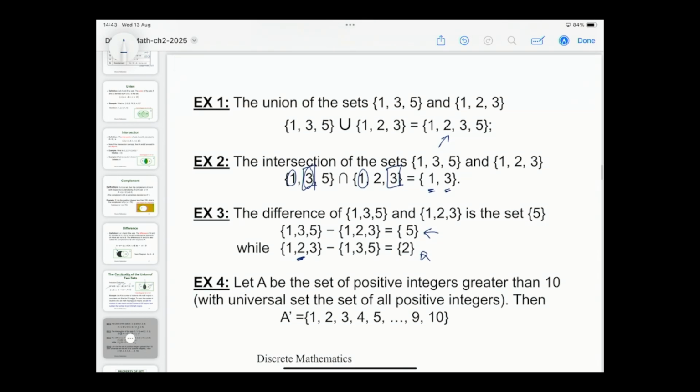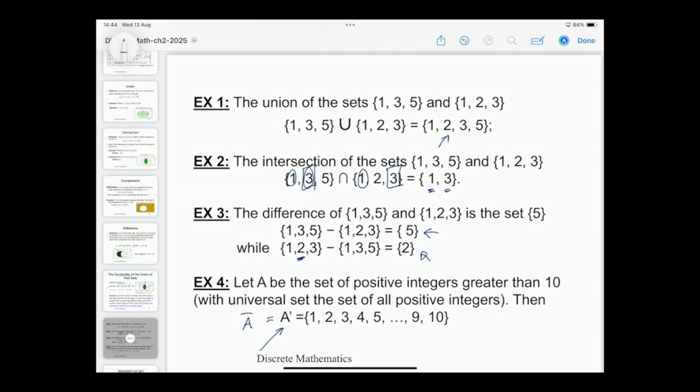The complement of the set. Let's say set A, the complement of the set is A bar or not A. We also use this symbol. Okay, see this one? You have to be careful about this symbol.